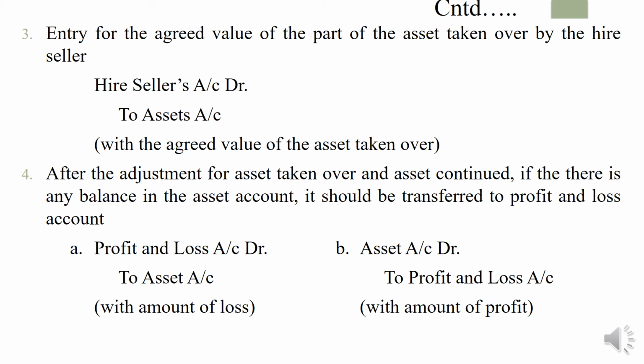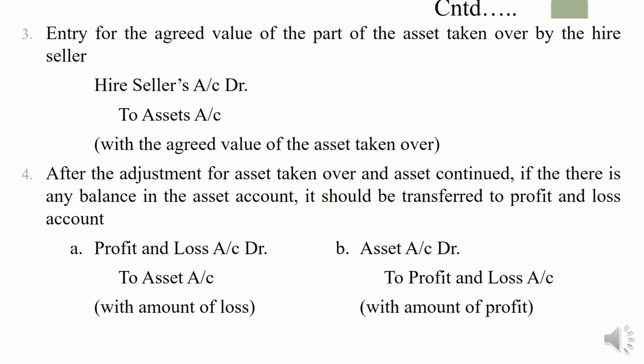Now the entry for the agreed value. Suppose one or some of the assets are taken over by the hire seller. The agreed value at which the assets are taken over by the hire seller, we have to pass a journal entry: hire seller's account debtor to assets account.